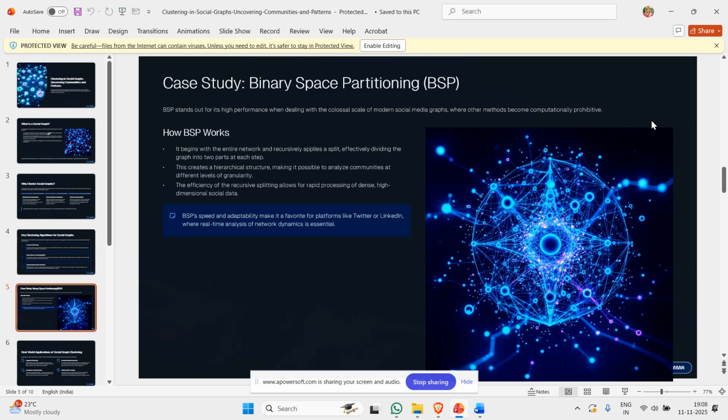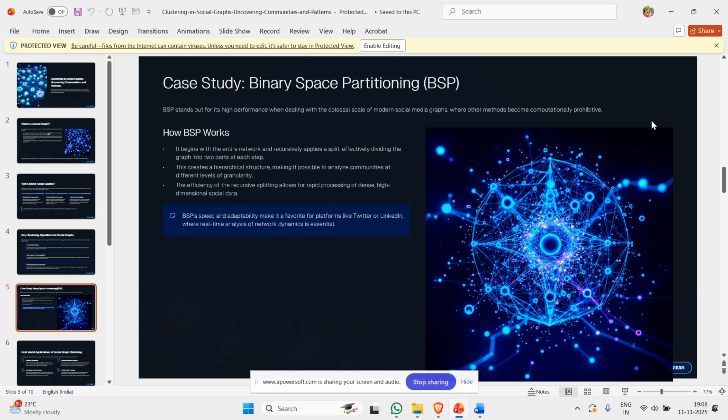How BSP works. It begins with the entire network and recursively applies a split, effectively dividing the graph into two parts at each step. This creates a hierarchical structure, making it possible to analyze communities at different levels of granularity.